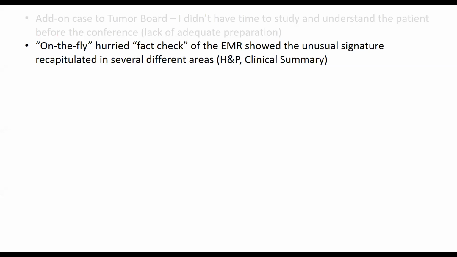It was in the history and physical, it was in the clinical summary, so that gave legitimacy to it, right? Now, what it actually was is called cloning. It's propagation of error, when data is repeated without knowledge or any sort of vetting or critical thought by whoever's repeating it. And that is why clinical record cloning is a big no-no.